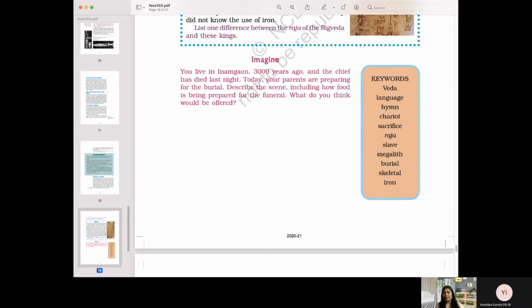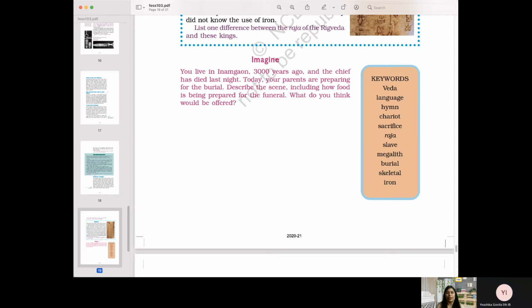Quick revision now. These are the keywords. What you have to do is quickly describe each of them in one line. Like Veda, one line, language, one line, hymn, one line. Okay, so Veda is something we can read. Then language is what people speak. In this chapter, did we discuss language families?